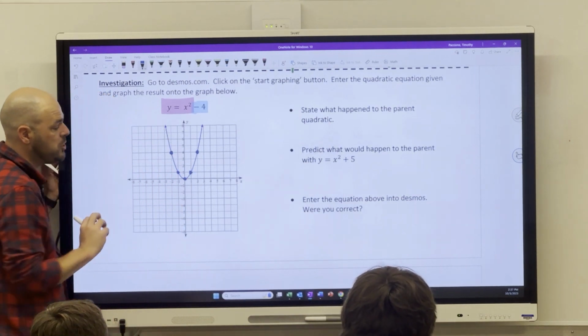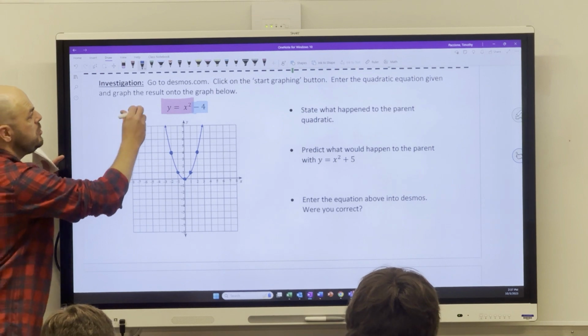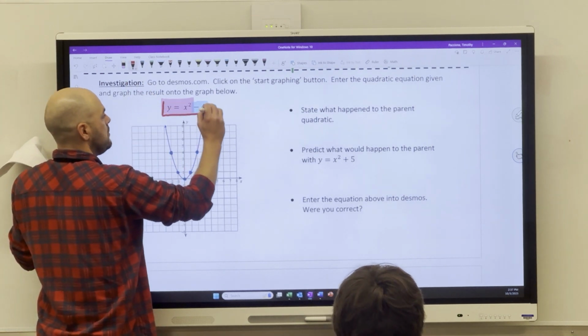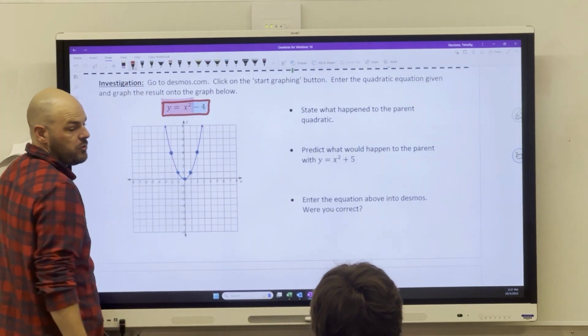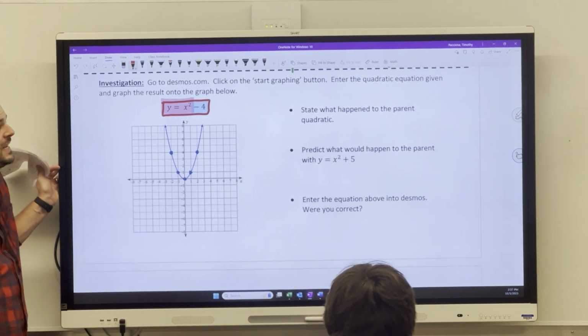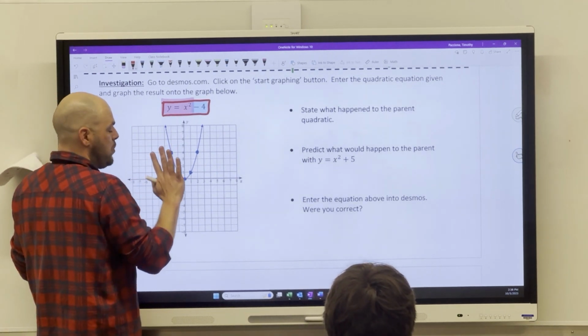And then I'm gonna show you what happens when you graph this function. And then you're gonna answer these questions on your own, and then we'll talk about it, okay? This function, x squared minus 4, looks like this.